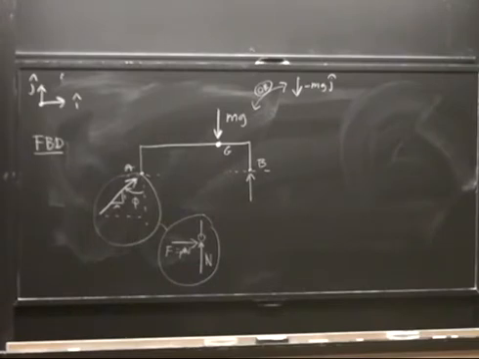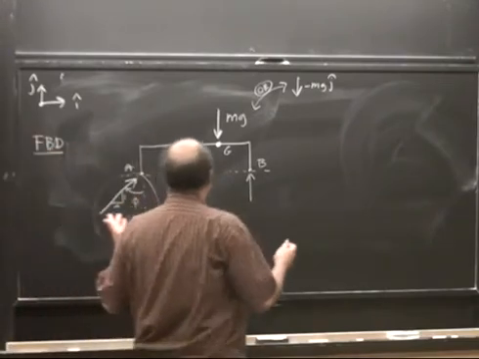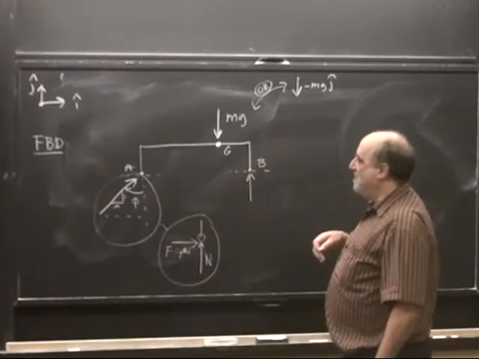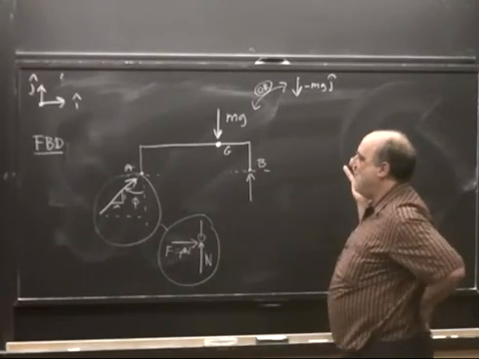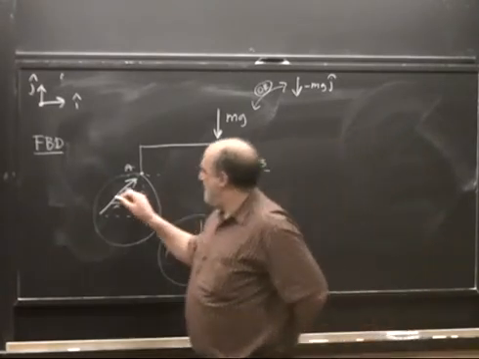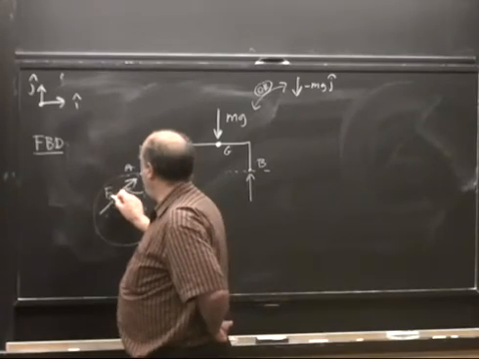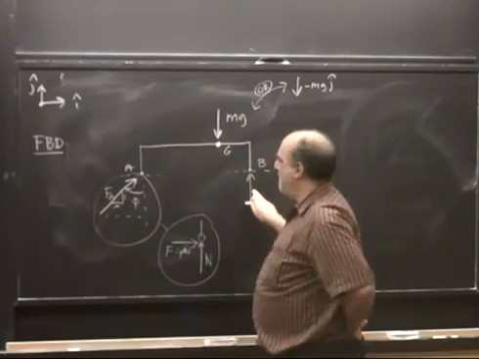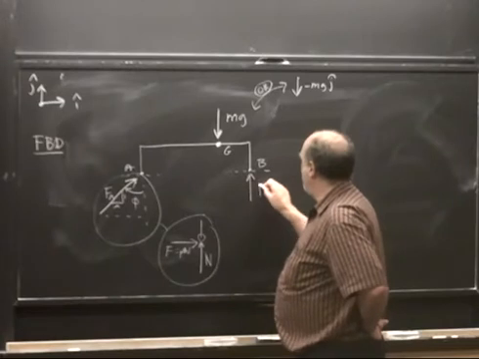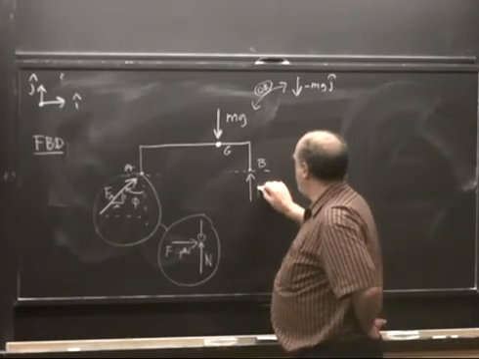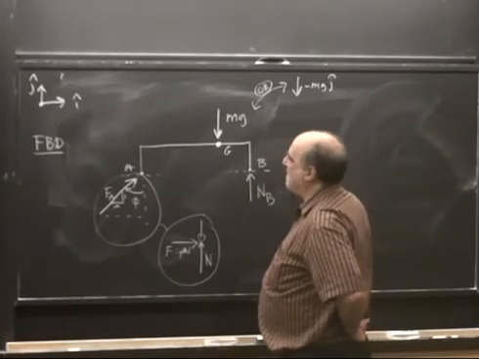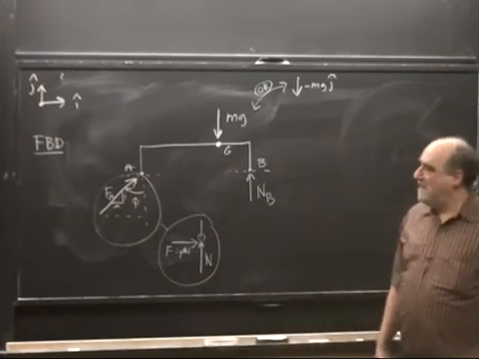Okay, now we want to solve for things here. What do we have as unknown? Well, there's a couple ways of counting. I'll call this net thing FA. We have FA as unknown. This force here, I'll call this N sub B, is unknown, and the acceleration of the car is unknown.